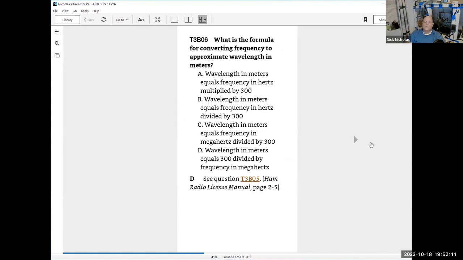The reason that works is a megahertz is in 100,000s, and the speed of light is 300,000 meters per second. And it works well. And since we usually work in megahertz for AM radio stuff and frequencies, it works out handy as heck.